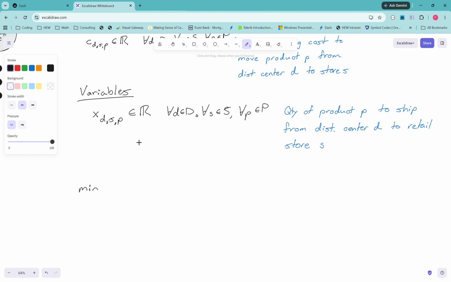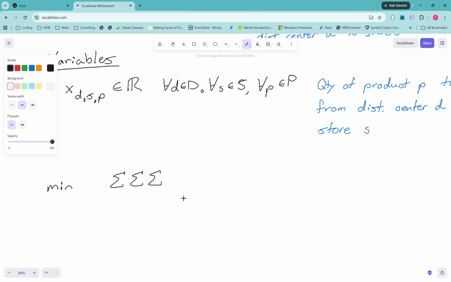So I'll go ahead and write the summations out here. And then we have three sets, so we'll write those in here. By doing these three, we're going to grab all the combinations that we could possibly have between the distribution centers, the stores, and the products.